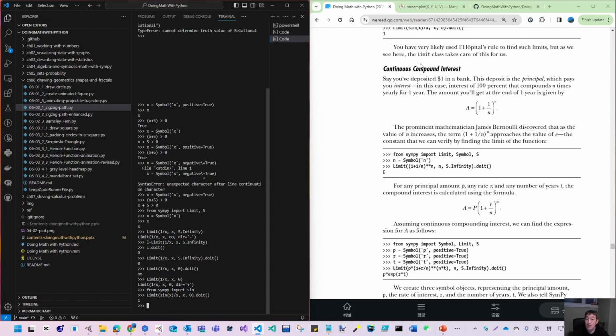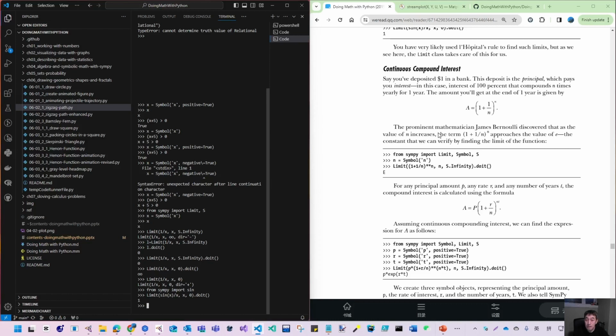The interest is 100%, compounded n times during 1 year. The amount you will get is 1 plus this interest per period, raised to the power n.